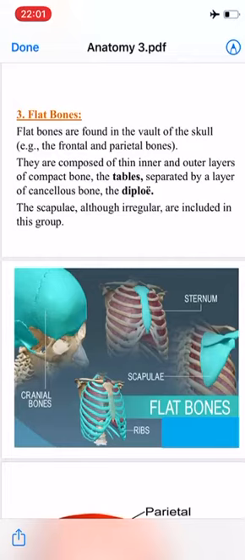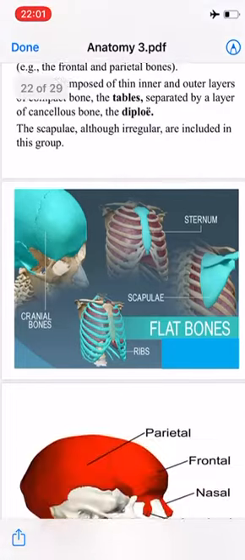The scapula is also irregular but it's included in this group. وعظم الكتف السكابولا أو لوح الكتف هذا العظم أيضا وضع ضمن التقسيم بالعظام المسطحة.